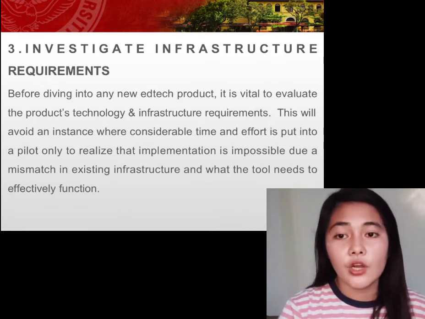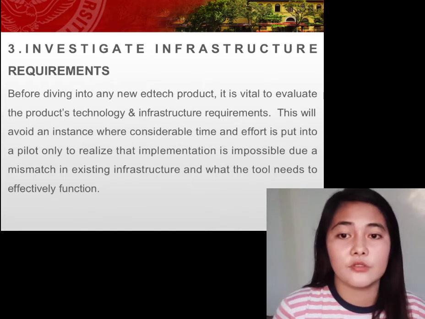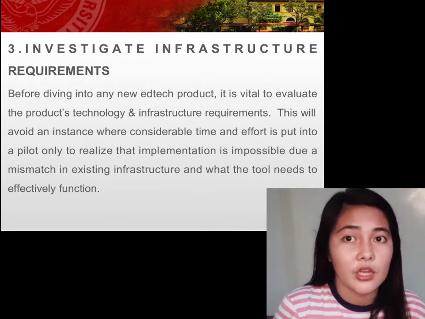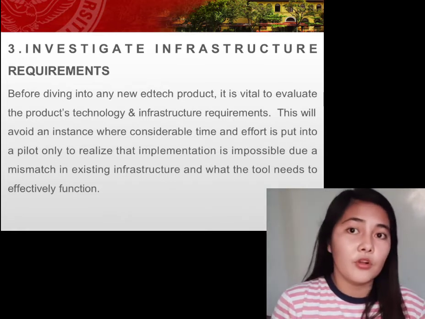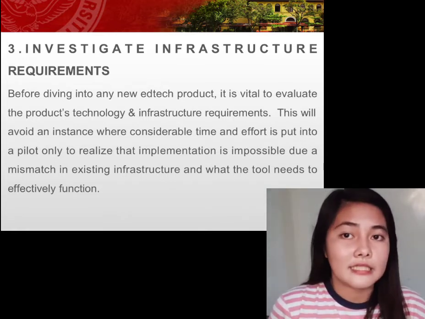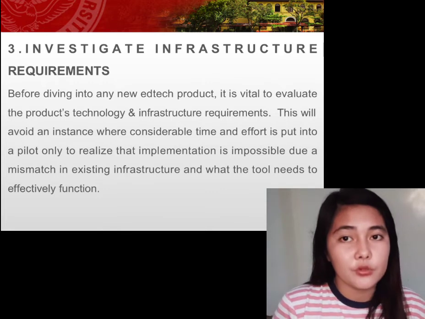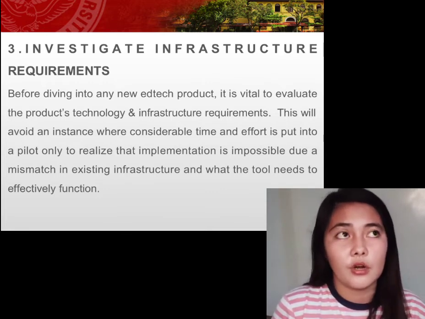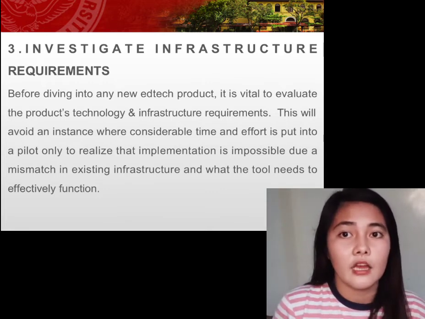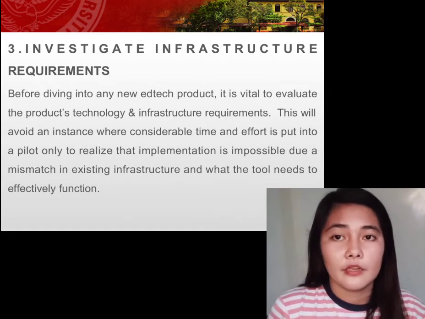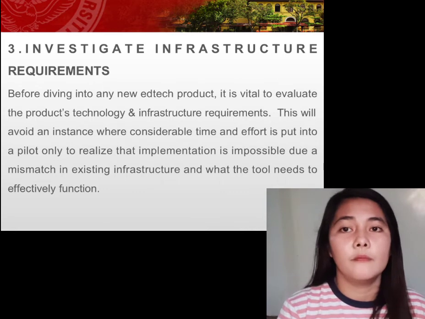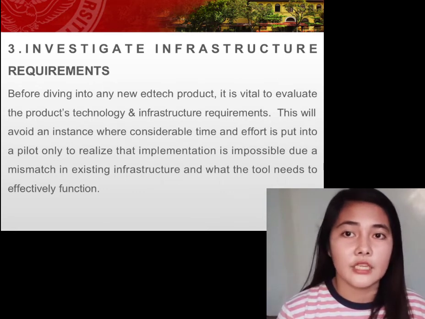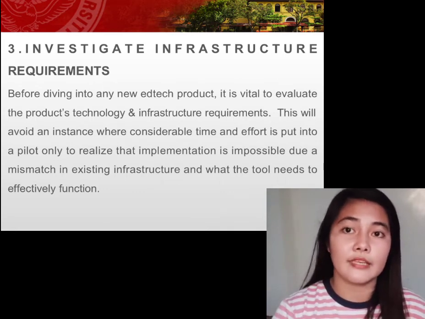So also, can students access this technology outside of school? So if they go home, is it possible that they can still access that certain tool? We must also take note of this because right now we are in homeschooling, so no face-to-face classes.